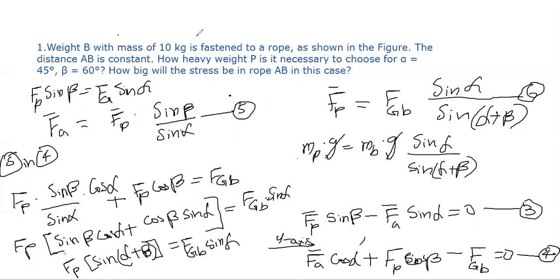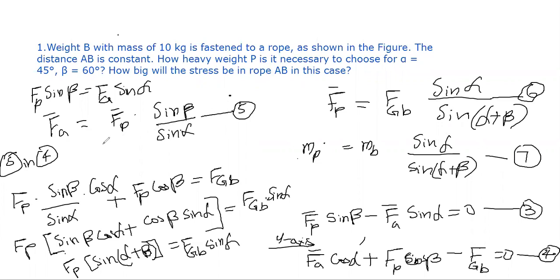So we will get Mp is equal to Mb times sin alpha divided by sin alpha plus beta. Let us call this equation number 7.